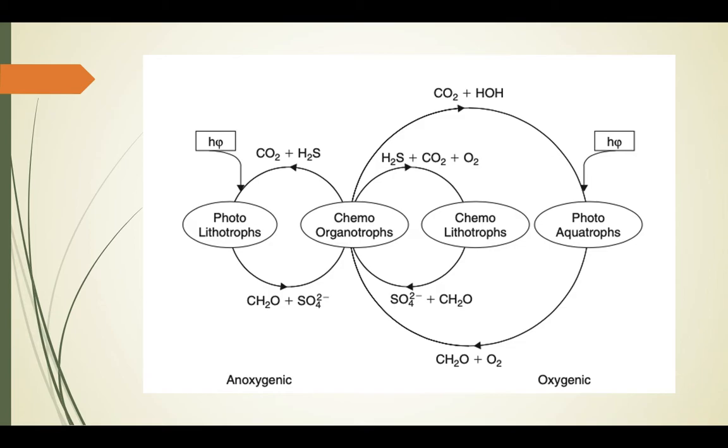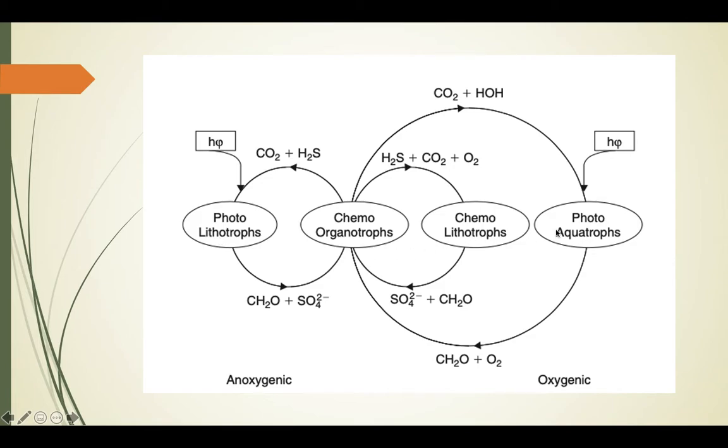Connecting the microbial groups together, the ones that we've talked about, is an electrical system of electron flow, which consists of two cycles, an oxygenic or oxygen-producing cycle and an anoxygenic or non-oxygen producing cycle. It's composed of four connected circuits that are hooked together in a parallel fashion.